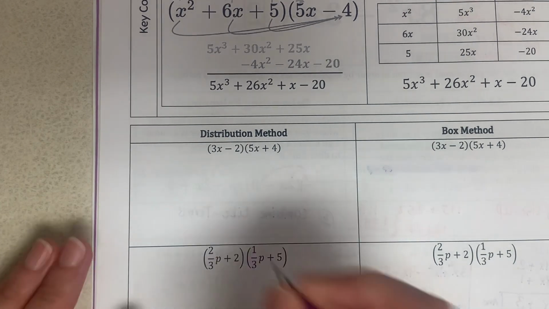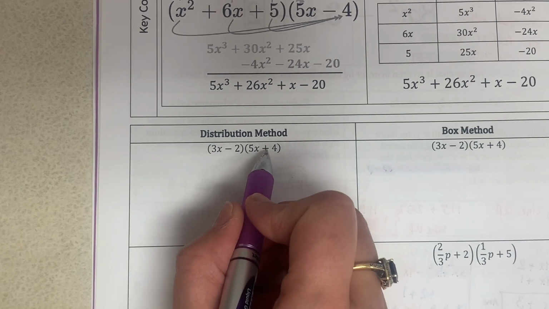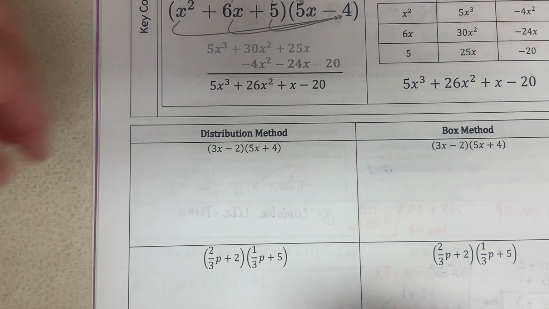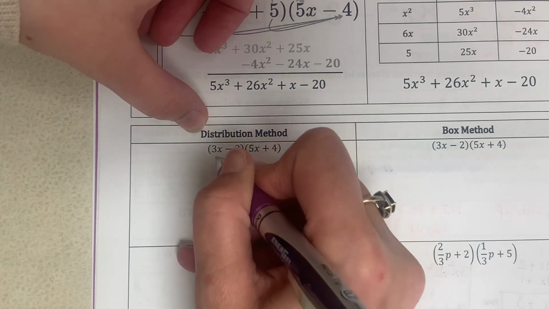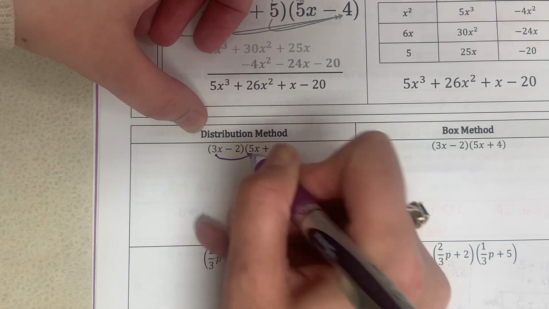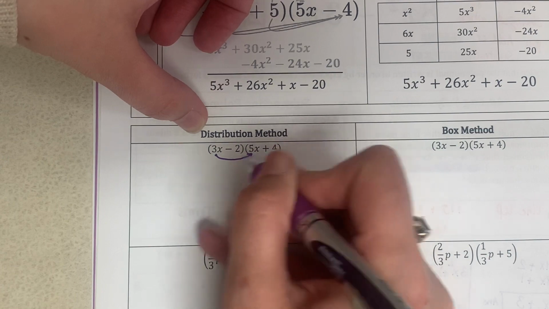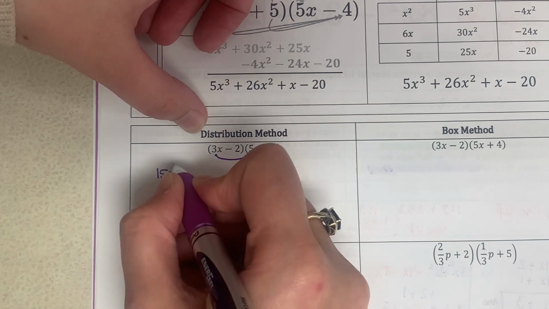It's the same thing. I have 3x minus 2 multiplied by 5x plus 4. So what is the loops method? Follow nicely. First, I'm going to multiply the 3x by the 5x. So 3 times 5 is 15. x times x is x squared.